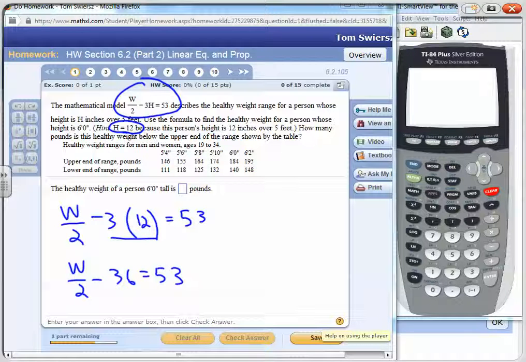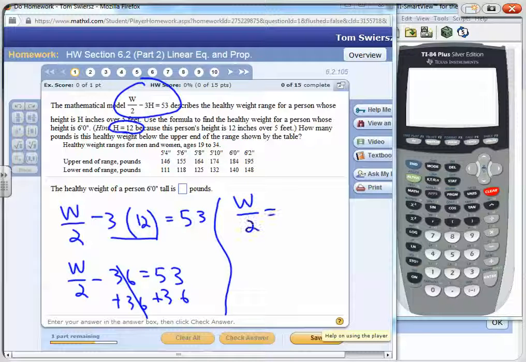To solve for W, we can first add 36 to both sides. Minus 36 plus 36 cancels out. W over 2 equals, on the right side we get 89. It's 53 plus 36, add them together.